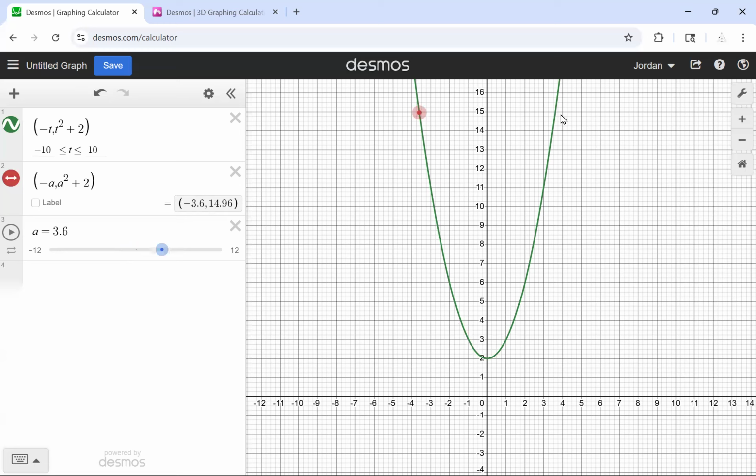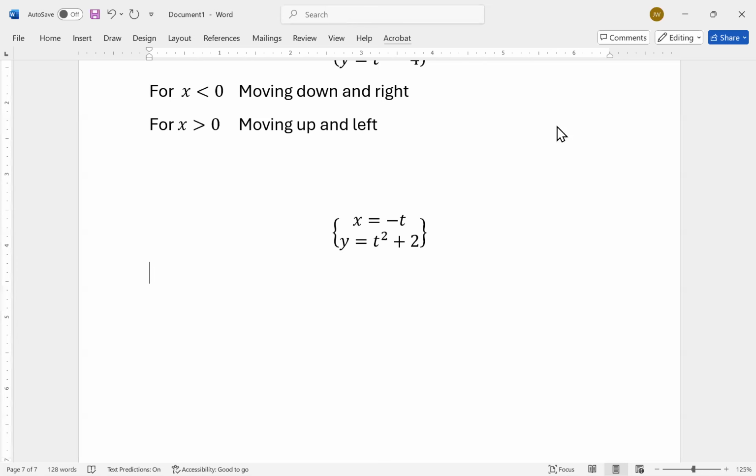So don't worry about part of it's down, part of it's back up. That's just the nature of a parabola, but we're always moving towards the left. So we're moving left on this set of parametric equations.